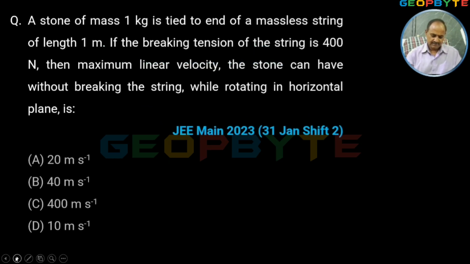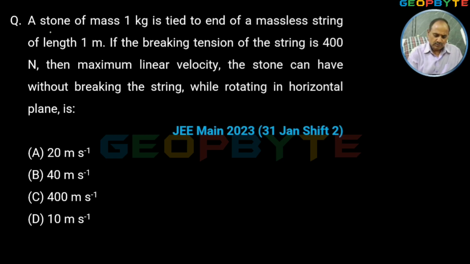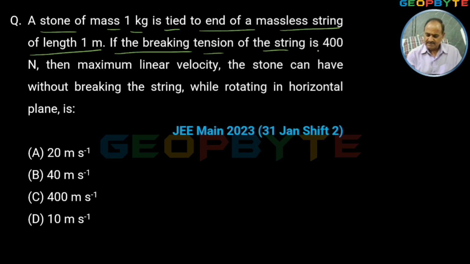It is asking like this. A stone of mass 1 kg is tied to end of a massless string of length 1 meter. If the breaking tension of the string is 400 newtons, here the breaking tension is nothing but centripetal force only.